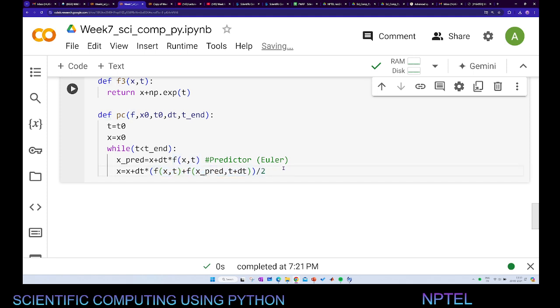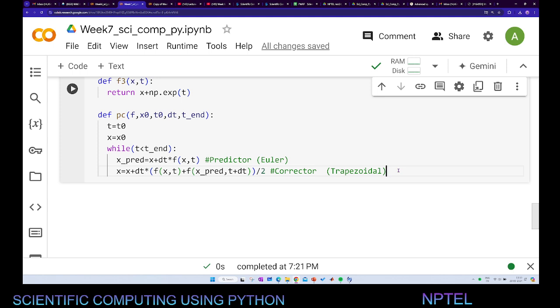Okay, so this is the step for the corrector, and this is the trapezoidal rule, right? It's like trapezoidal, but this is not x n plus 1, rather it is the value of x n plus 1 as predicted by Euler.